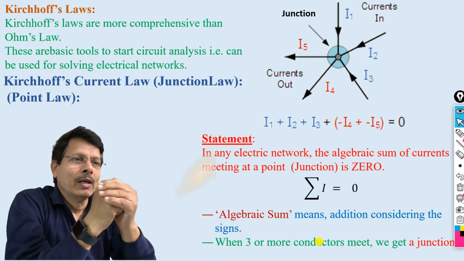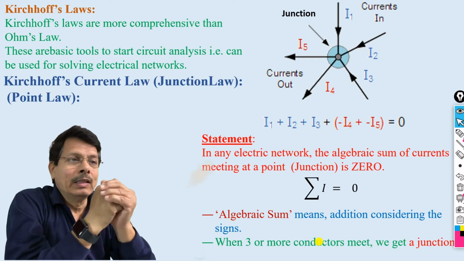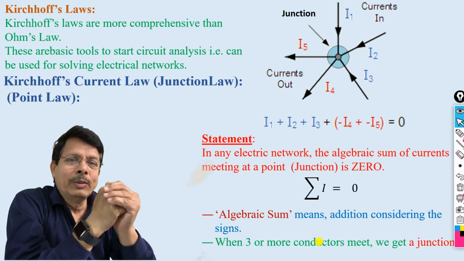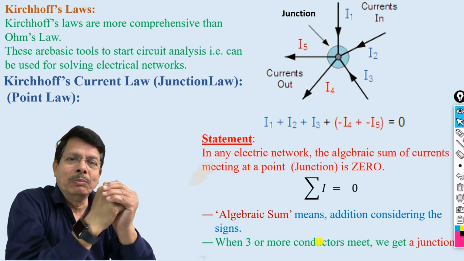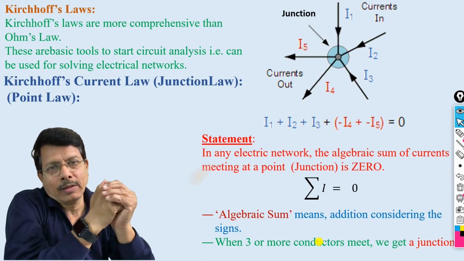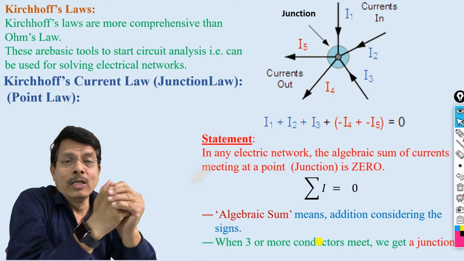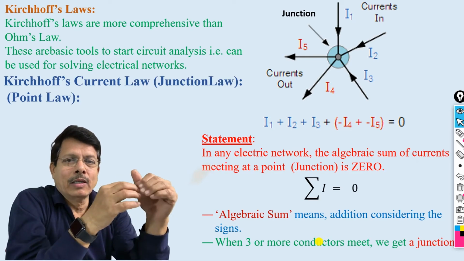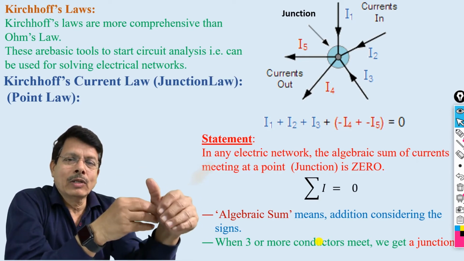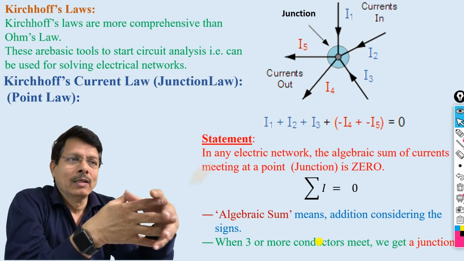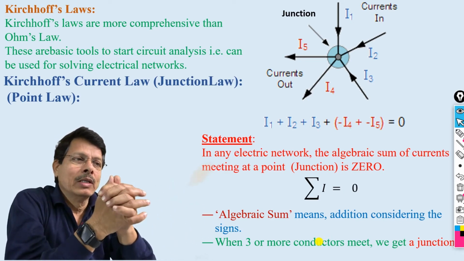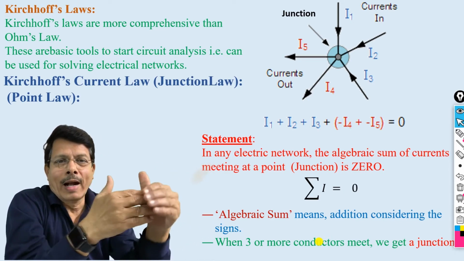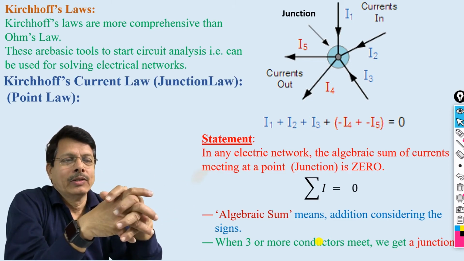It says that in any electrical network, the algebraic sum of currents meeting at a point is 0. Algebraic sum means considering the currents along with their sign, that is, considering the sign while adding and subtracting.